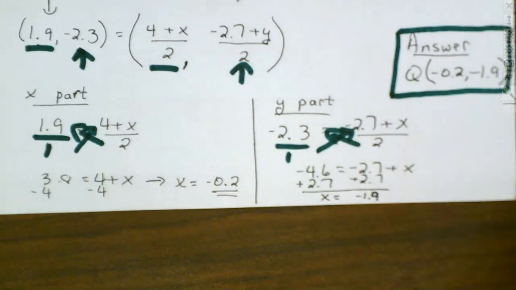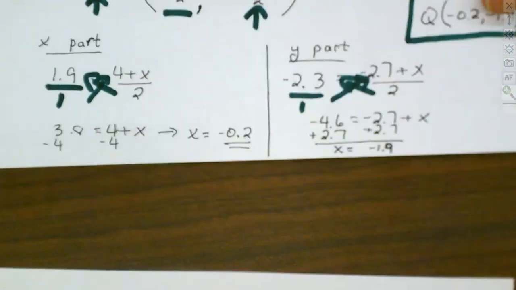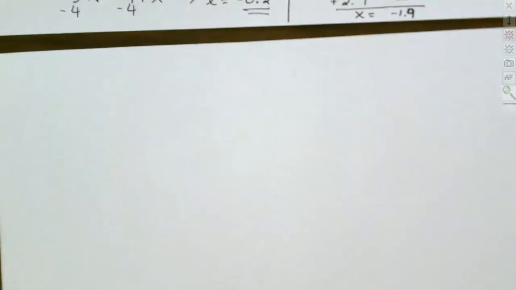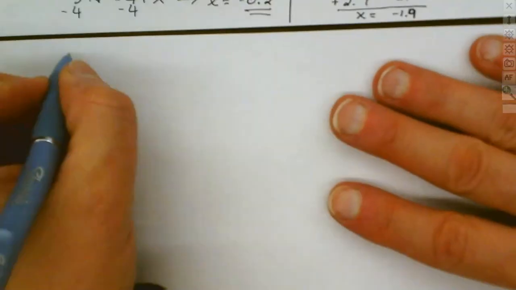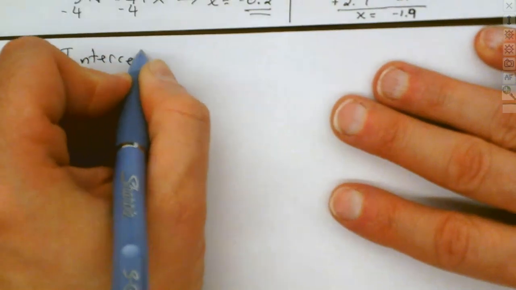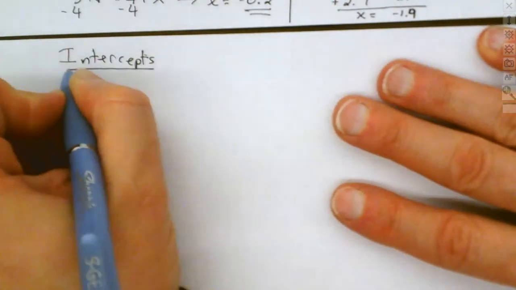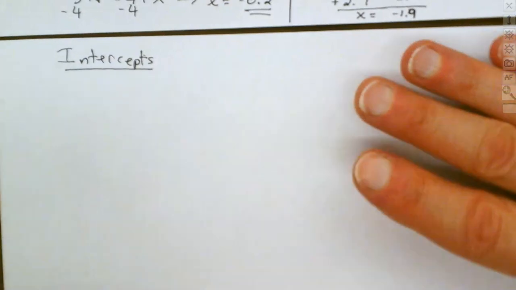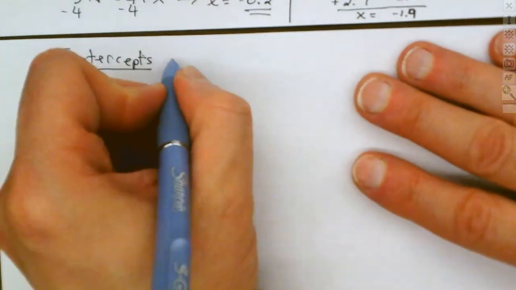So now that we've talked about ordered pairs, now we're going to learn how to graph lines. And we're going to begin by looking at intercepts, what they are, and then how we find them. Now, intercepts are going to be where the line touches the axis.